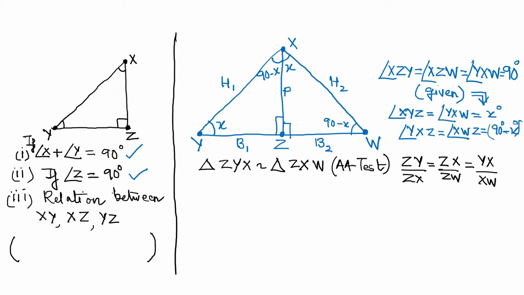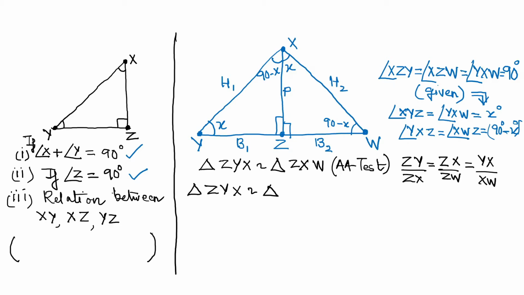Similarly, now going faster, can we say that the triangle ZYX is similar to the triangle XYW? We are keeping this triangle ZYX as a constant. Initially we compared one triangle on the left hand side, the right angle triangle, with the other triangle lying on the right hand side.